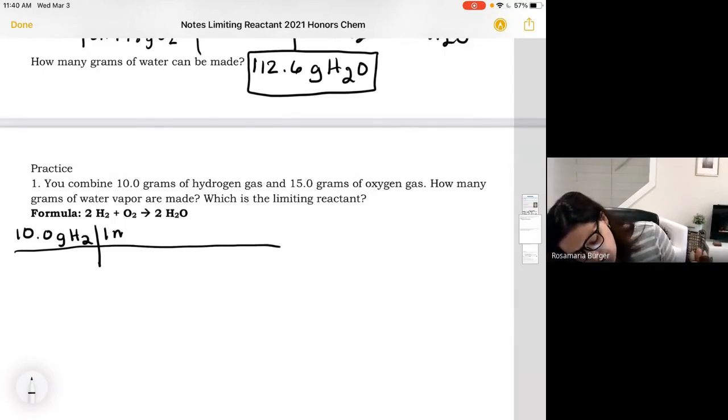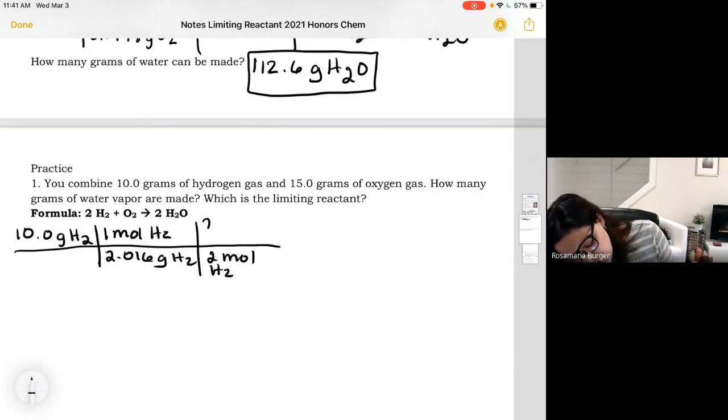For every 1 mole of H2, we're going to get 2.016 grams of H2. And then for every 2 moles of H2, we get 2 moles of H2O. And for every 1 mole of H2O, we get 18.015 grams of H2O.